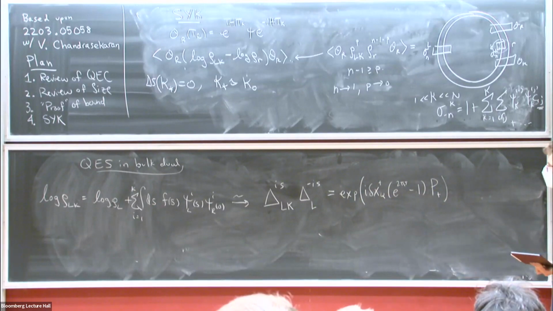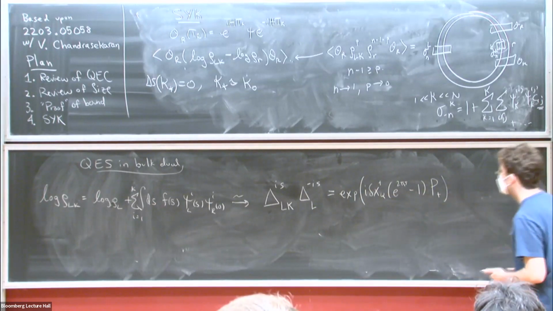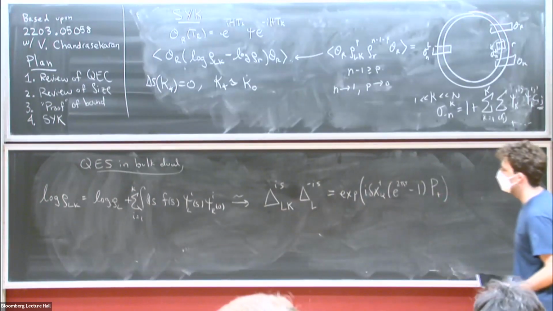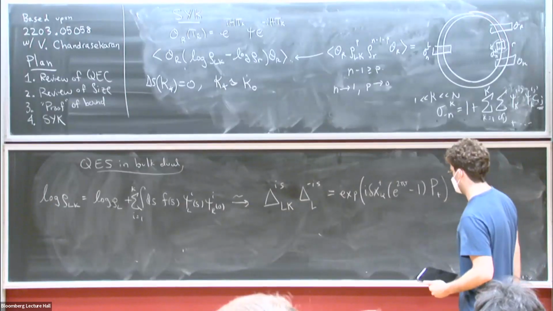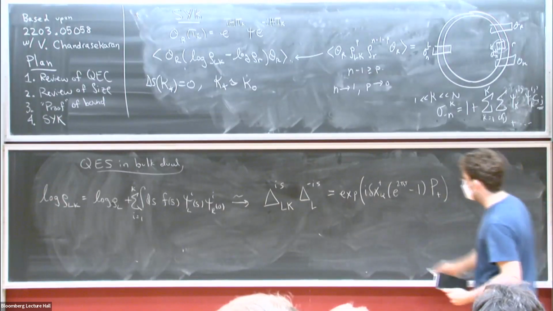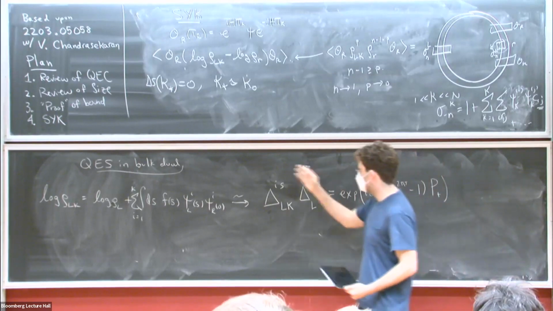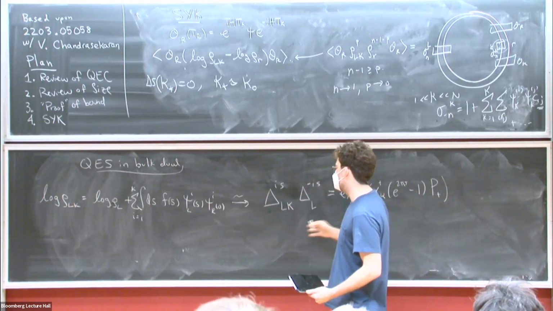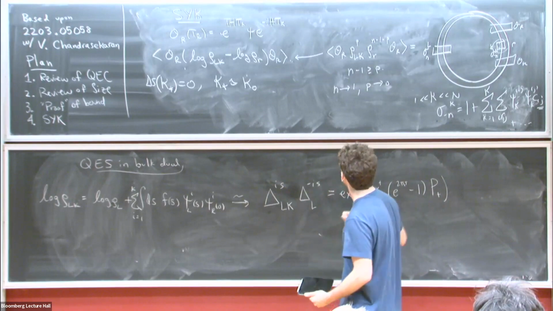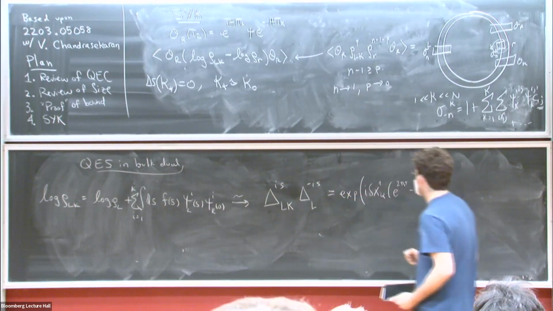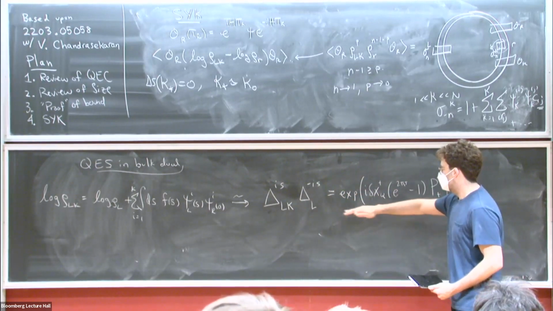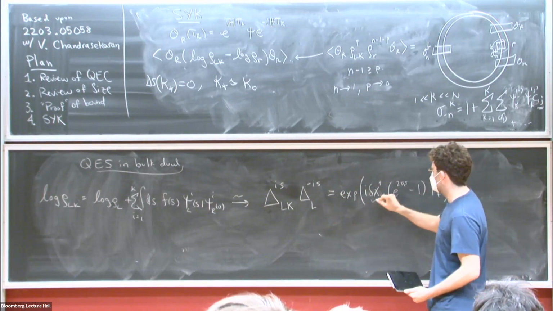Or actually, you can prove this in SYK. In other words, you can compute this quantity and compute its expectation values in SYK using this replica trick. And what you find is an answer that looks like these two things are equal to this with some number here.